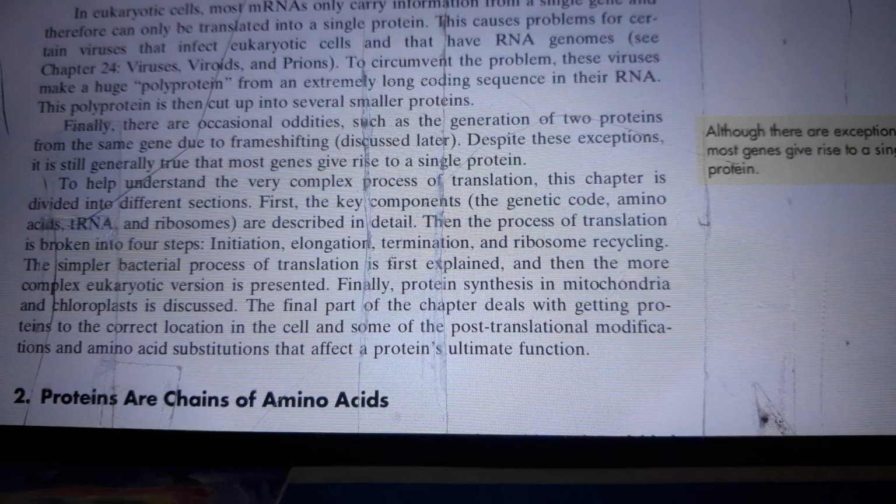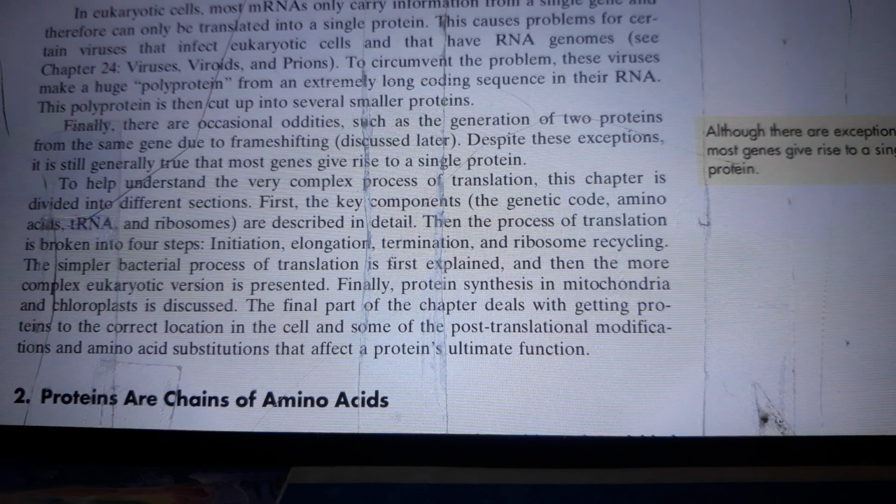In eukaryotic cells, most mRNAs only carry information from a single gene and therefore can only be translated into a single protein. This causes problems for certain viruses that infect eukaryotic cells and that have RNA genomes, as seen in chapter 20 for viruses, viroids, and prions. To circumvent the problem, these viruses make a huge polyprotein from an extremely long coding sequence in their RNA.